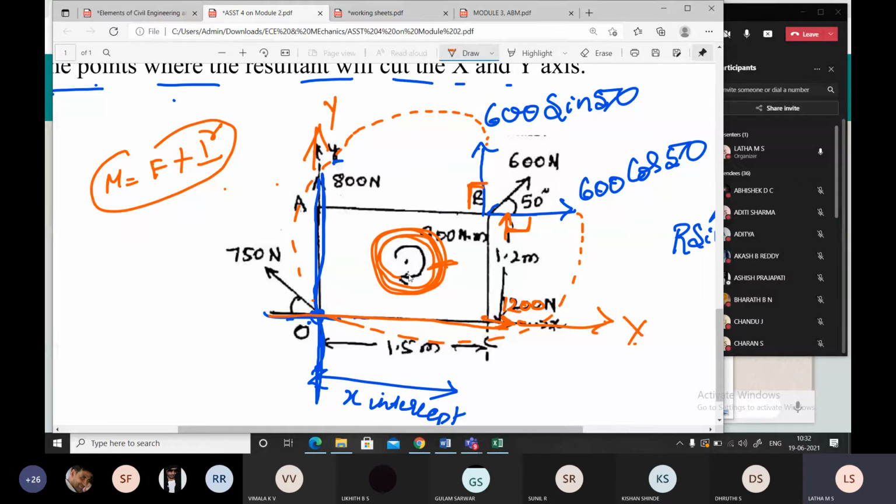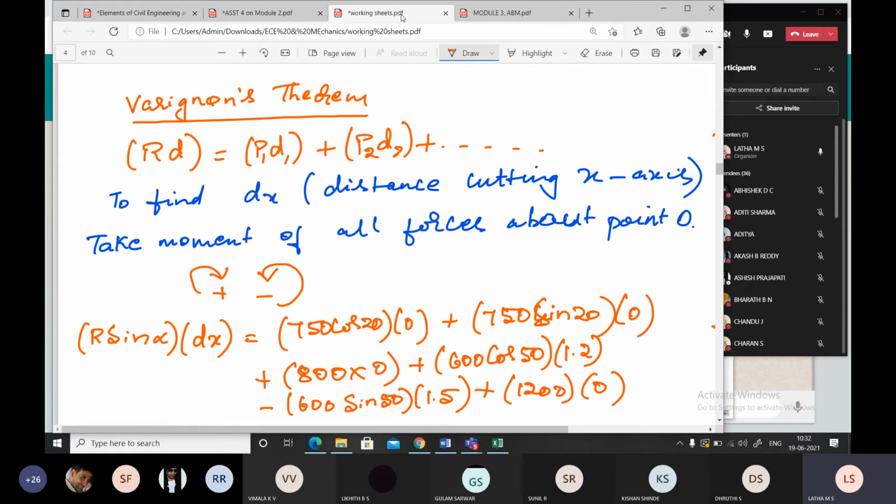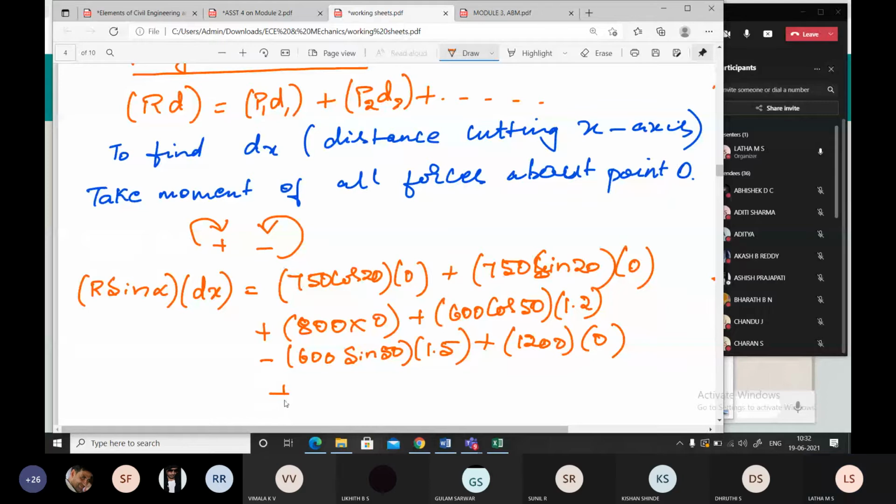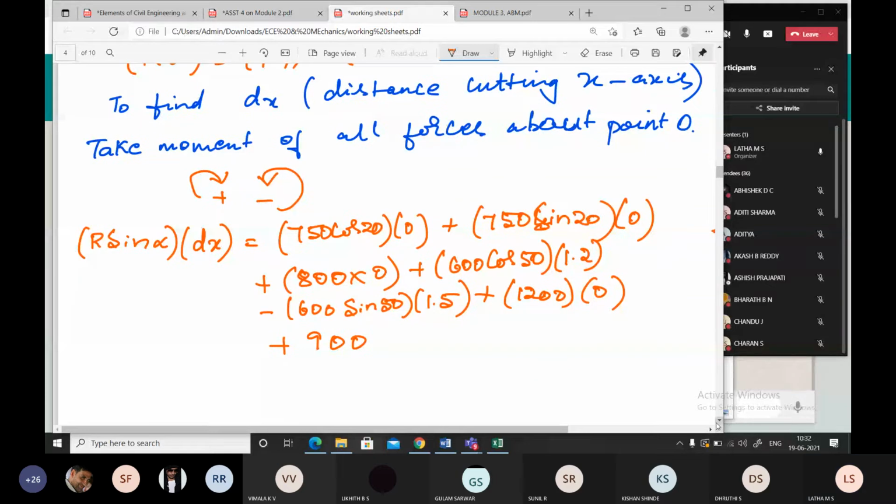It's already multiplied, it is force into perpendicular distance. So at every point, if I'm taking the moment at O or A or B, its effect is only 900 Newton, but it is clockwise. So at point O, I'll be just summing up plus 900. That's all. I should not be doing anything.